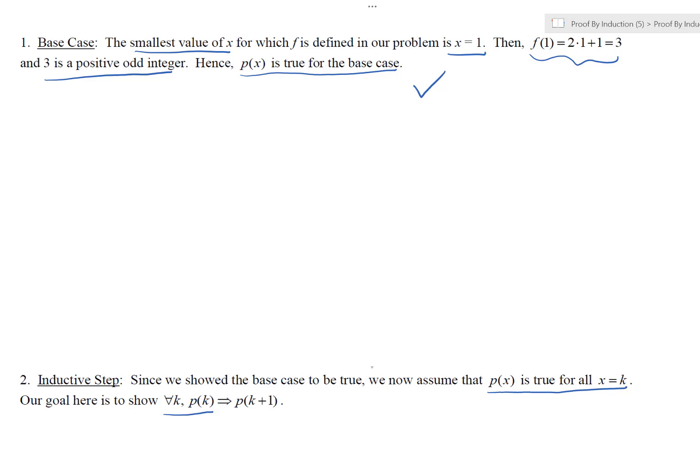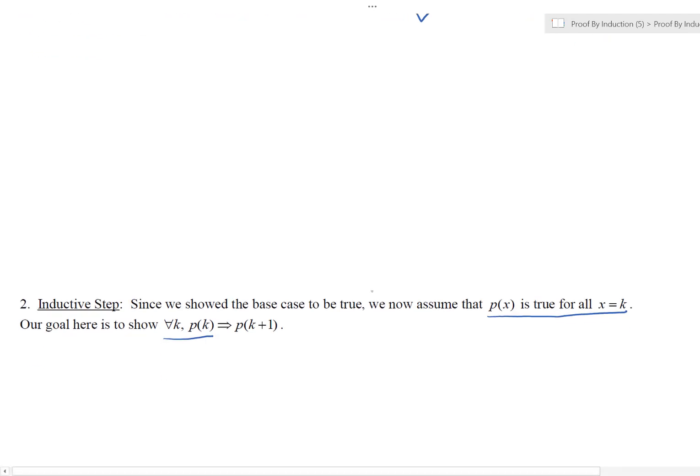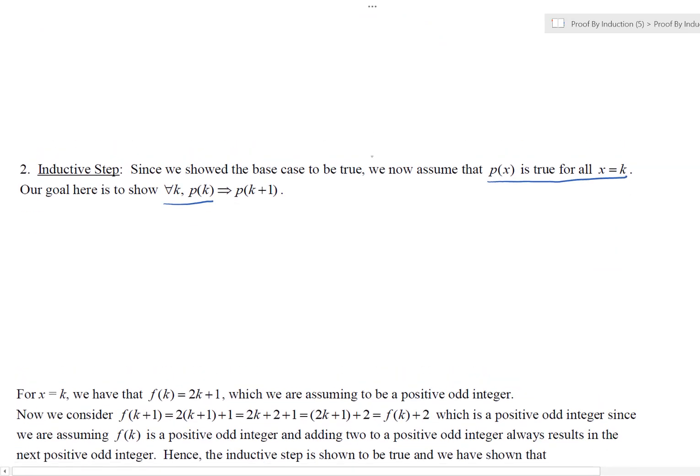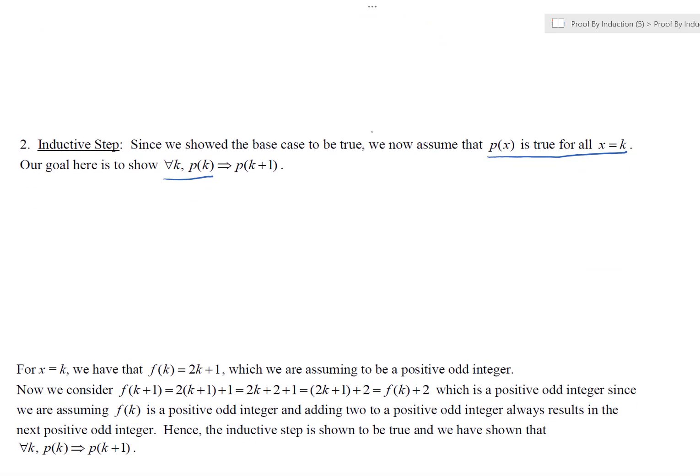So we want to show that assuming P of x is true always, it implies that P of x plus 1 is true: the inductive step. There's a lot going on here, so let's dissect this. What we do is plug in a general value k, any positive integer. Then we get the expression f of k is 2k plus 1, which is really the same thing that we started with, just replacing x with k. Now we're going to assume that's always a positive odd integer. We want to show that P of k plus 1 is also true.